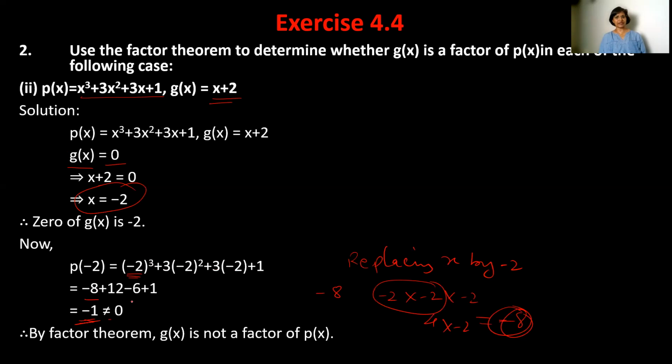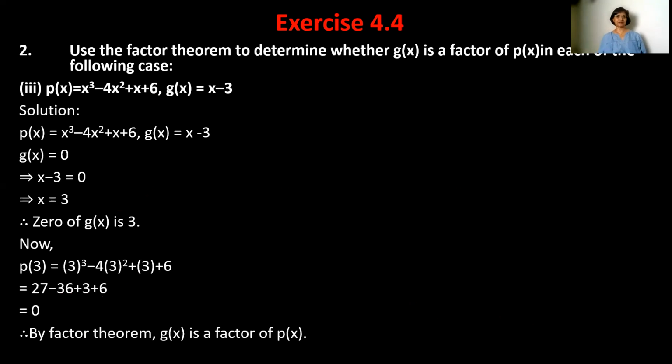This will become minus 6. And this is 1. So adding 12 plus 1 gives 13, and both minus signs, minus 8 minus 6, will become minus 14. So 13 minus 14, right? So it gives minus 1, which is not equal to 0. So by factor theorem, g(x) is not a factor of p(x). Clear?